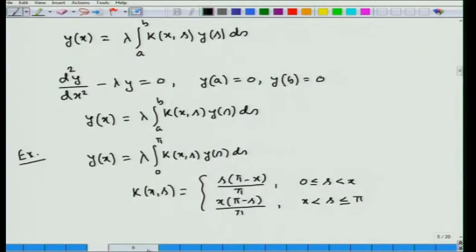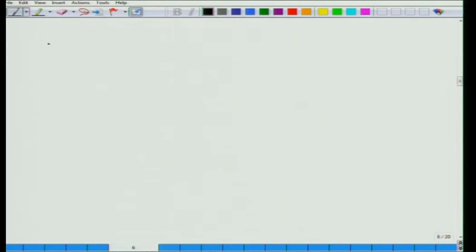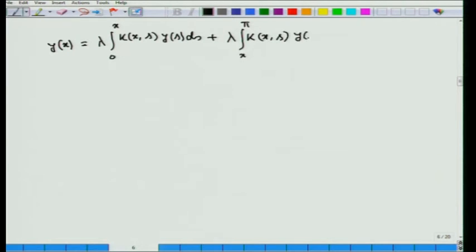So, we can write y(x) equal to lambda times integral 0 to x k(x, s) y(s) ds plus lambda times integral x to pi k(x, s) y(s) ds.